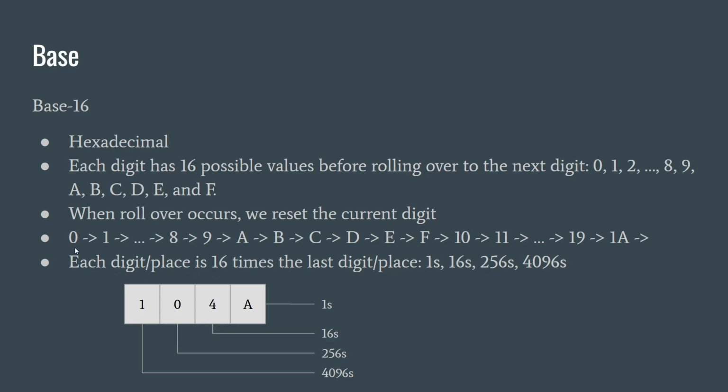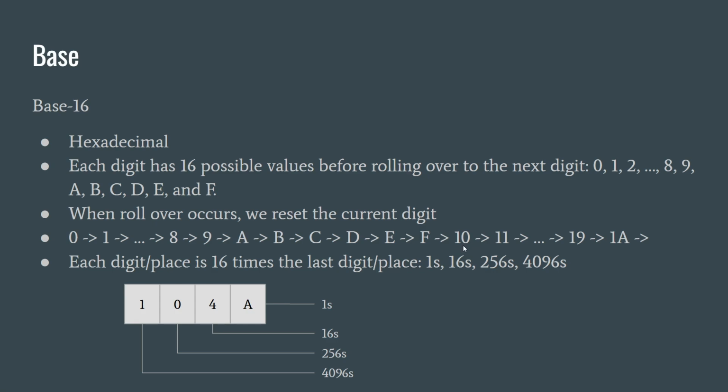All right, so that means, looking at a sequence, we'll go 0, 1, all the way up to 9. Then A, B, C, D, E, F. And when we want to increment one more, since we're at 15, which is F, we're going to increment the next digit and reset the current one.